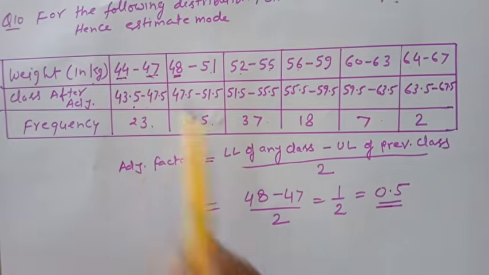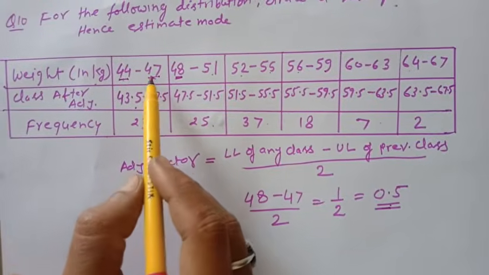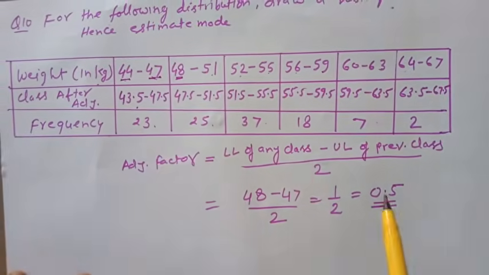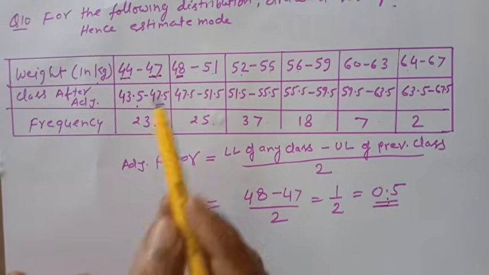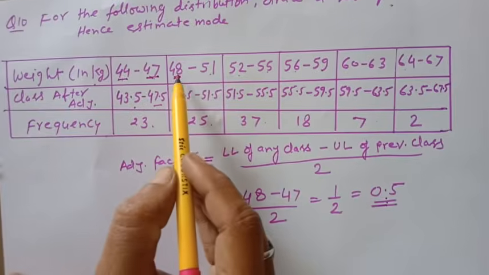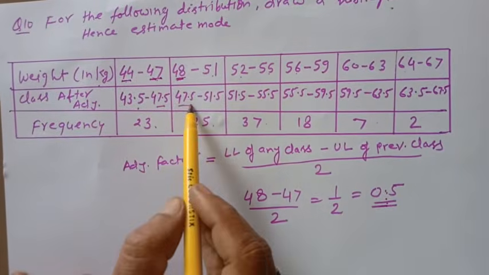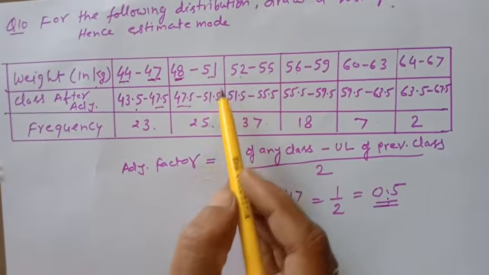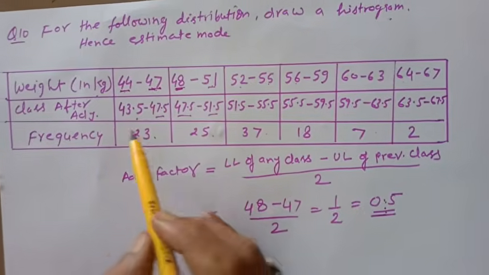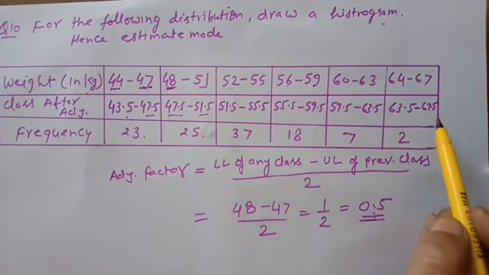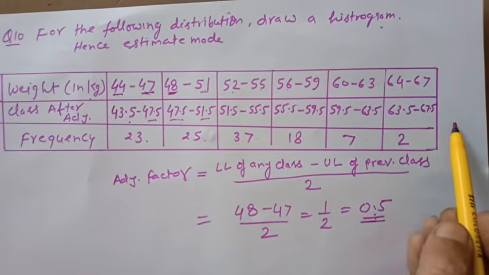Then the adjustment factor will be added to the upper limit, 47 plus 0.5, so we get 47.5. Similarly we do in the next class also, 48 minus 0.5, so we get 47.5, and 51 plus 0.5, so we get 51.5. Similarly we do this in all the class intervals, so we get this form changed into exclusive.